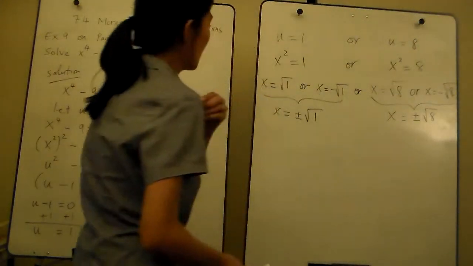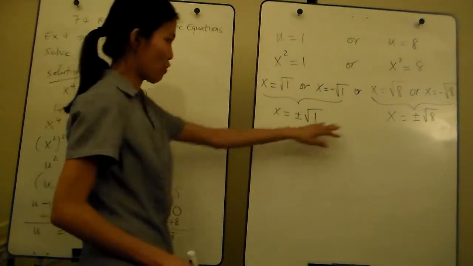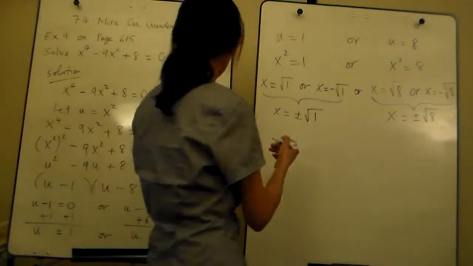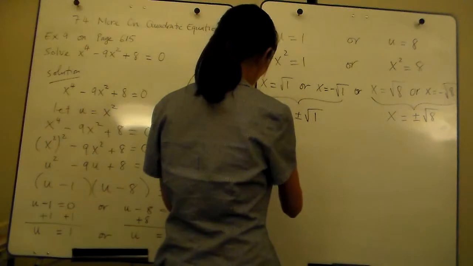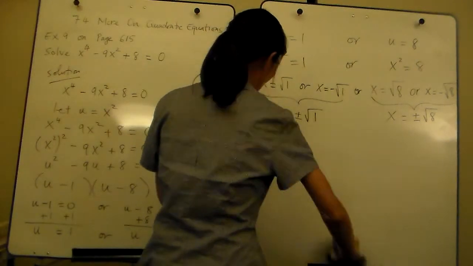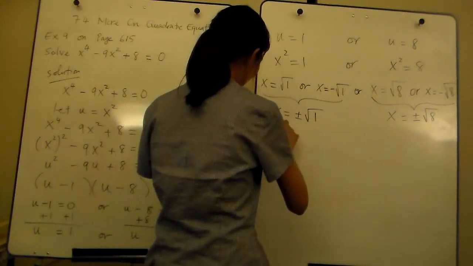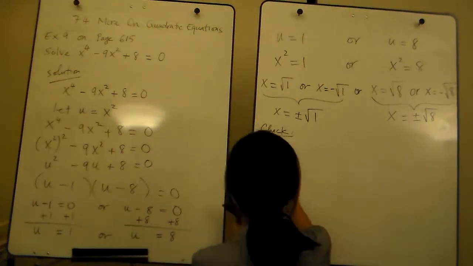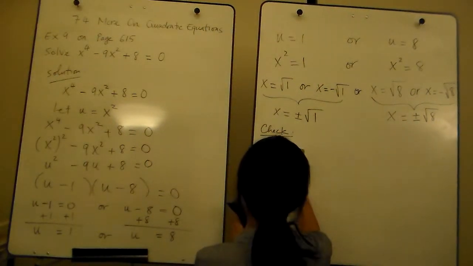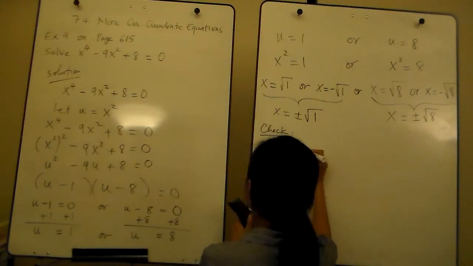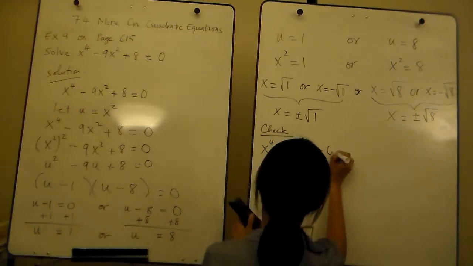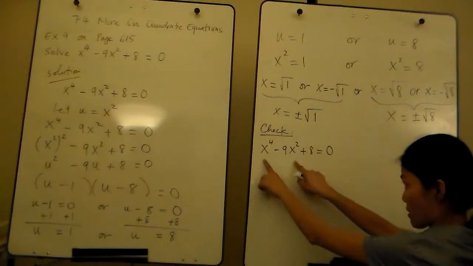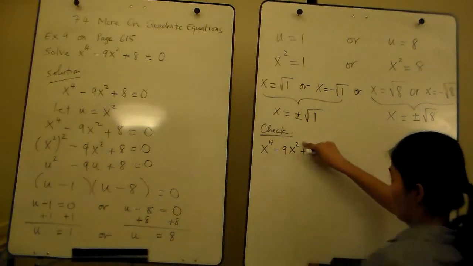So you need to test when you solve these types of equations. When you test, we are given the equation x to the 4th minus 9x squared plus 8 equals 0. Very fortunately, we're given only even powers of x.